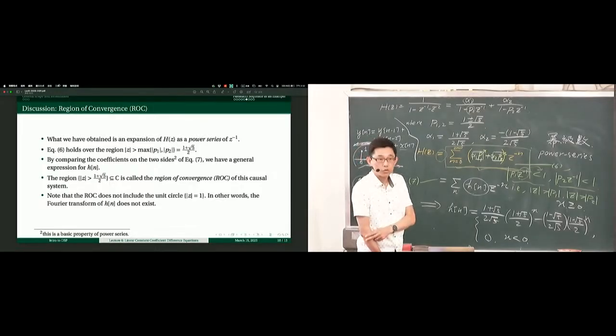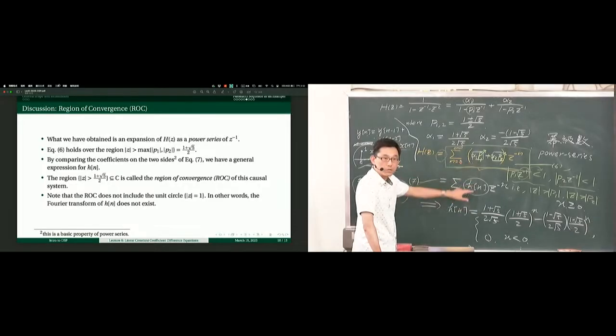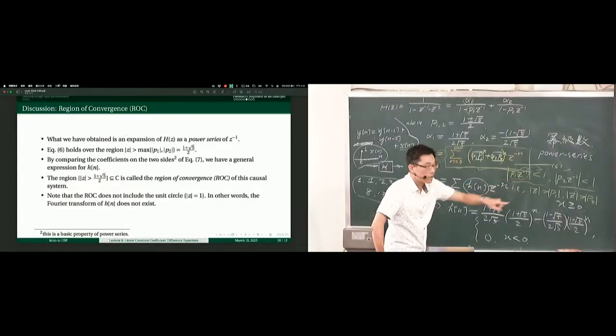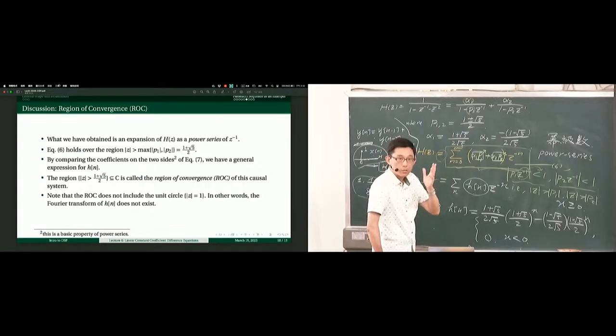They may look different, but if the equality holds, then every coefficient should be equal. You can plug in n equals 0, n equals 1, n equals 2. h0 should equal this evaluated at n equals 0. We will never have two different-looking power series that turn out to be the same.